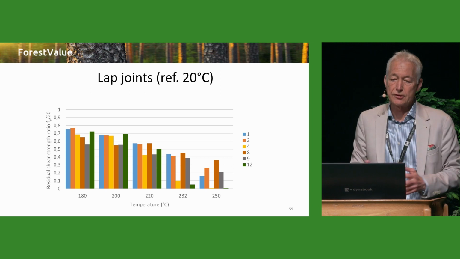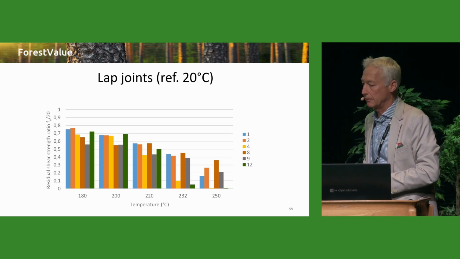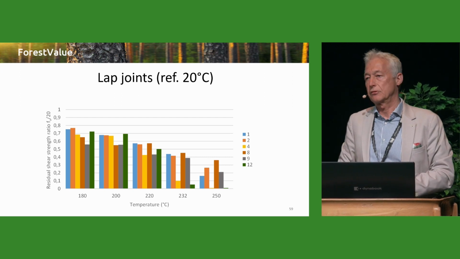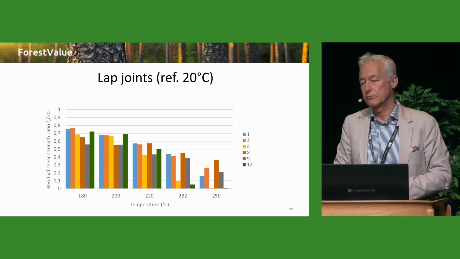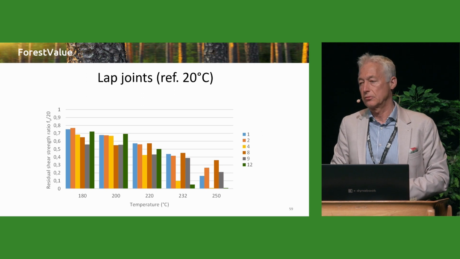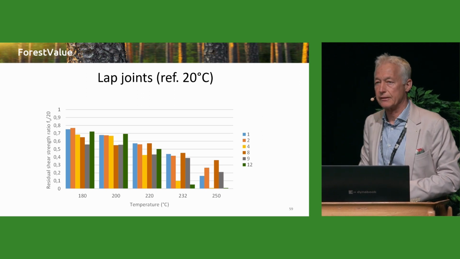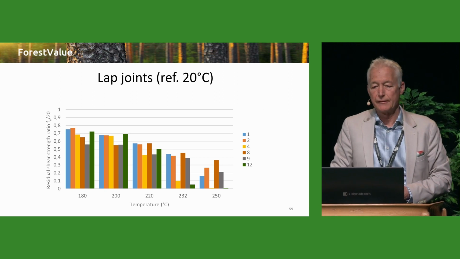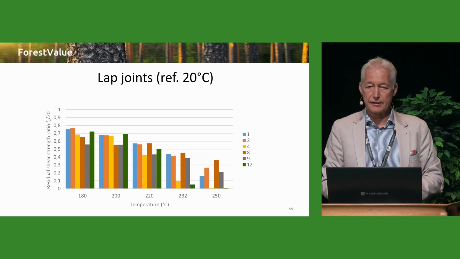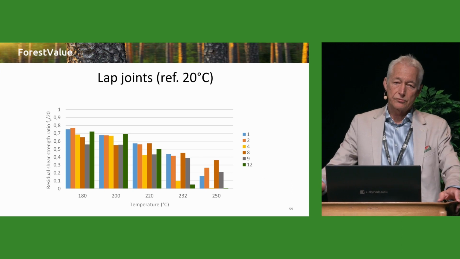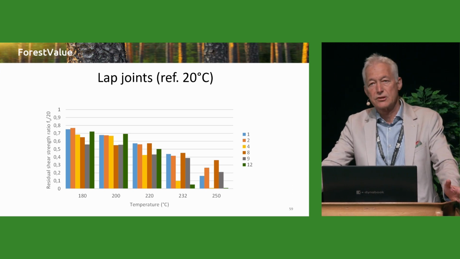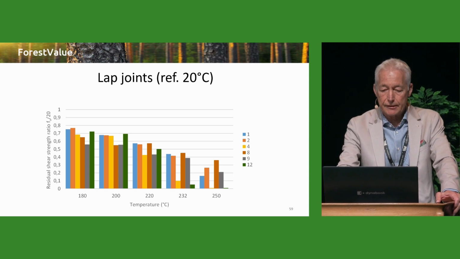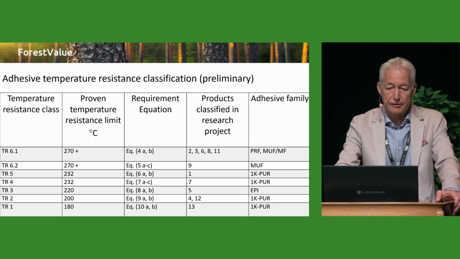So this is the result of the lab shear tests, and we are quite sure that we can come up to a reproducible, bias-free testing and classification of adhesives, either based on the tests according to 17224 or with these simple lab shear tests, as serving for a classification of adhesives.